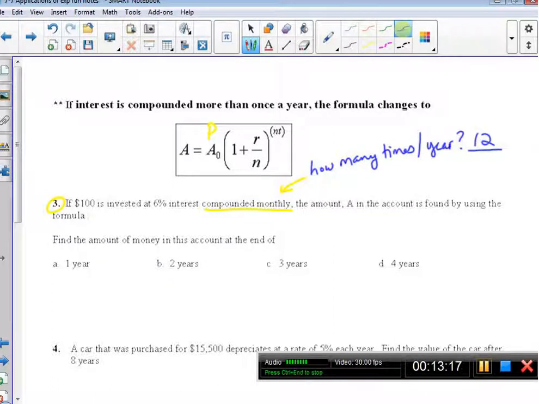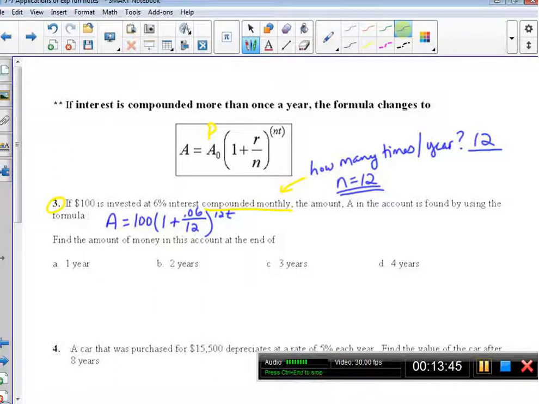So the amount A in the account is found by using the formula A equals 100 times 1 plus 0.06 divided by 12, where n is 12, to the 12t. That would be the formula.